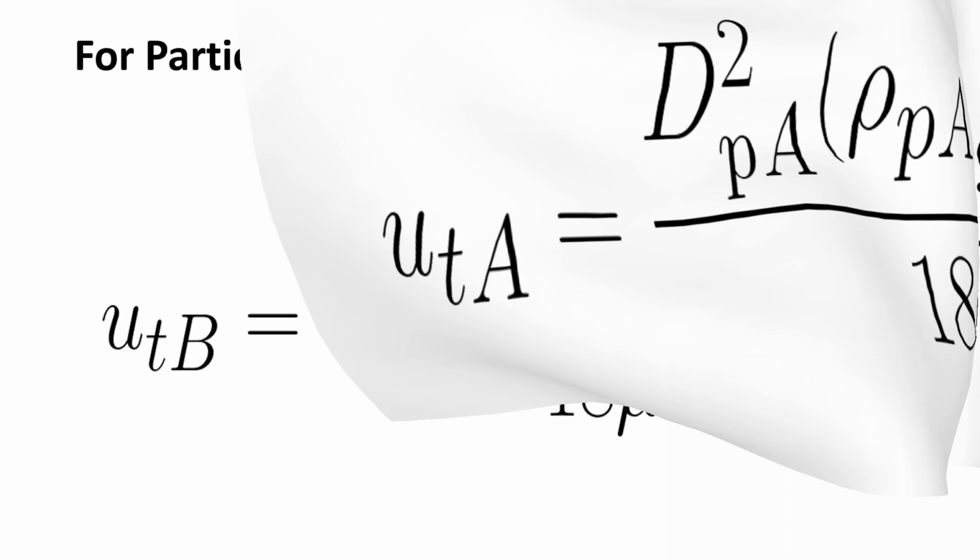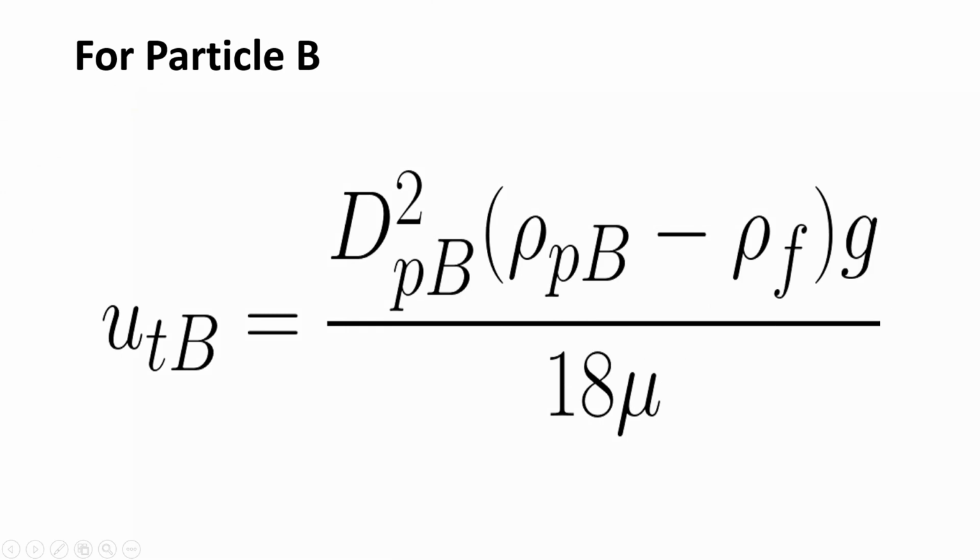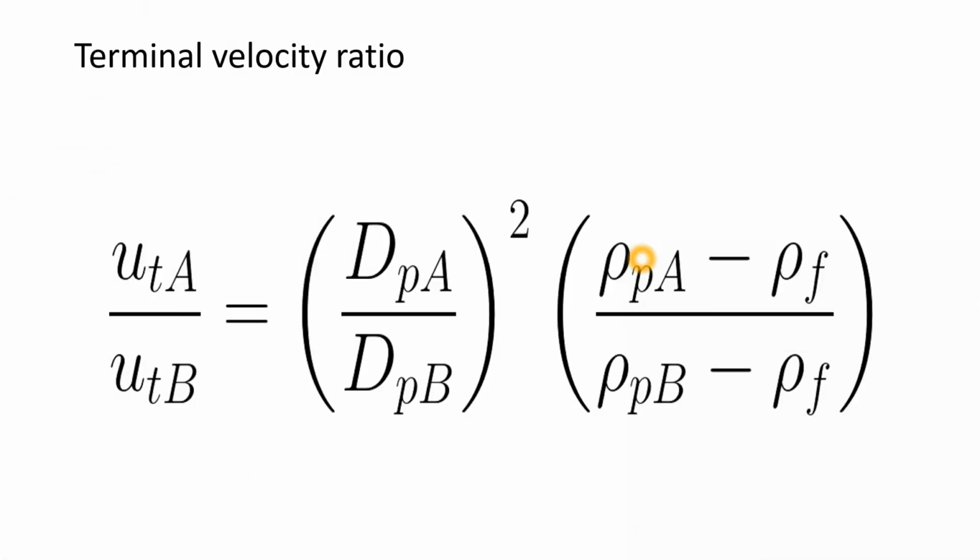For particle B, utb is equal to dpb square and other things are the same, right? So the terminal velocity ratio uta upon utb is equal to (dpa upon dpb) whole square, into (rho pa minus rho f) upon (rho pb minus rho f).